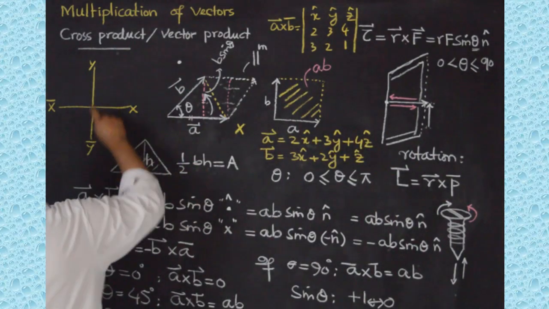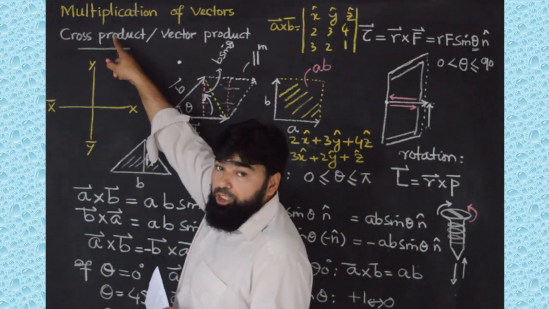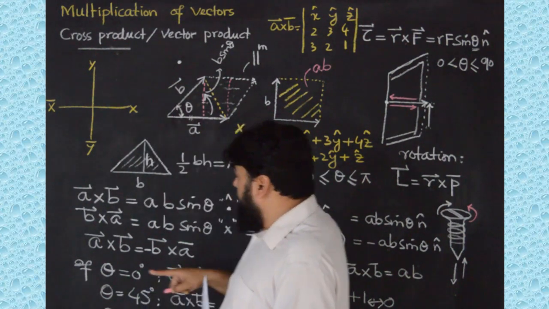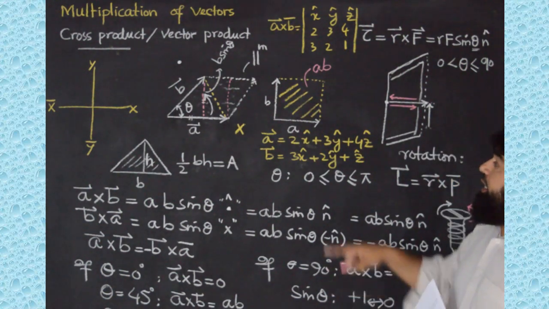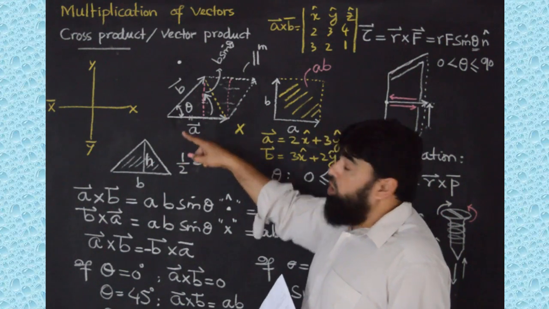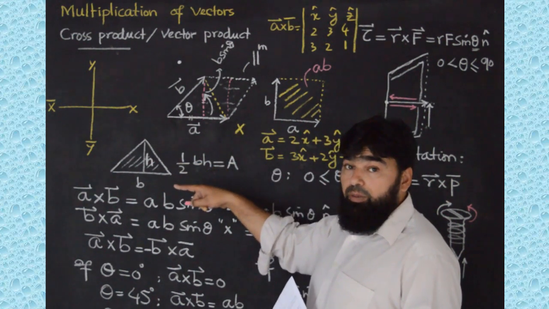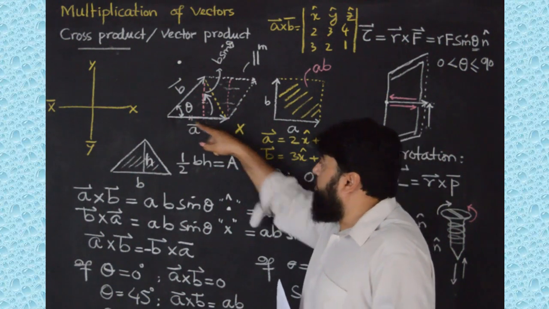So as a summary, the cross product gives us rotation, the rotational dynamics, while the dot product gives us the translational dynamics. When we multiply as a dot product, cos theta is not coming by our choice, but actually due to that component.